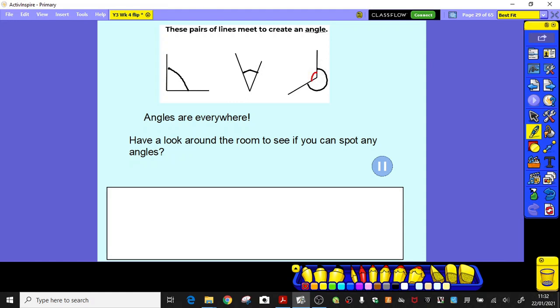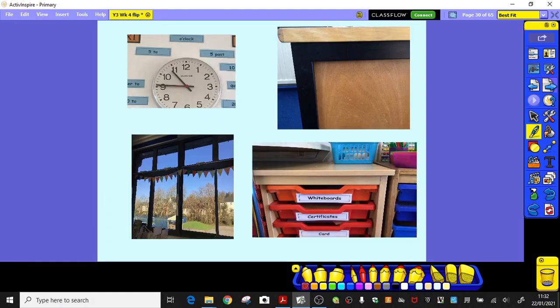So angles are everywhere. Pause the video for a moment and have a look around the room to see if you can spot any angles. Okay, so what did you see? Well, I had a quick glance around the room and I could see these different angles.